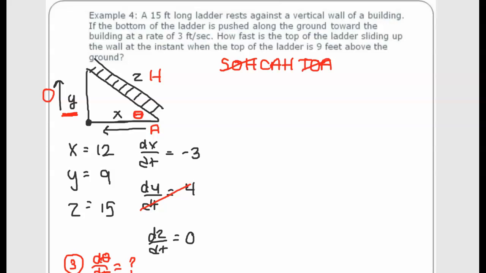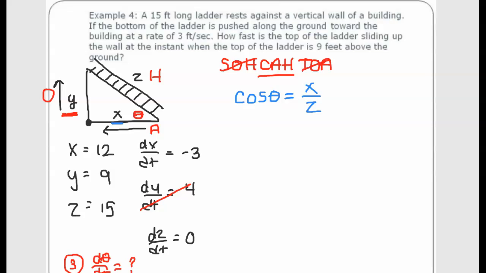So I'm going to pick cosine. So my function is cosine theta equals adjacent over hypotenuse, but in terms of this problem, adjacent is x and hypotenuse is z.